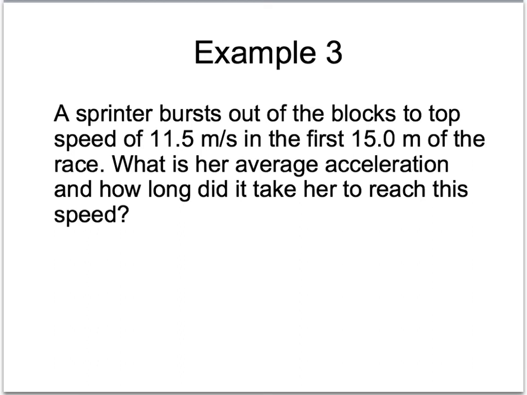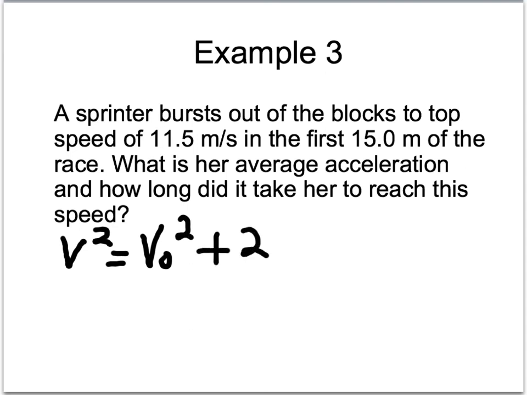So we're going to use our old friend, velocity as a function of position. V squared equals V naught squared plus 2a delta x. Because we have an initial velocity of 0, she bursts out of the block, so a racer starts from 0, final velocity of 11.5 meters per second, and we have a distance of 15 meters.